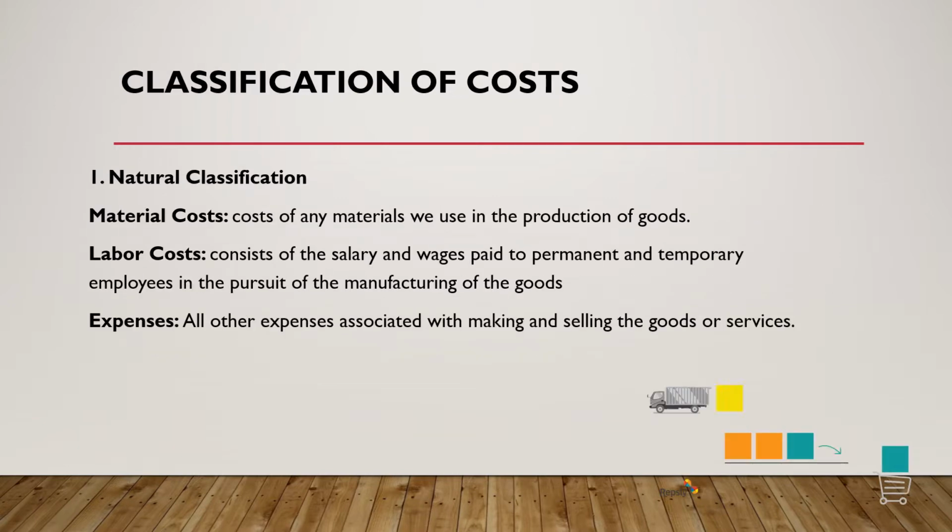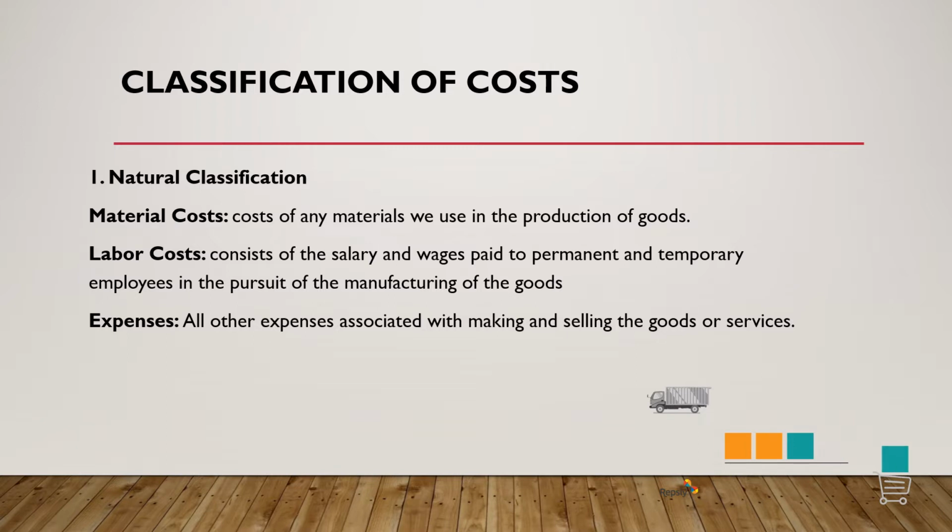Classification of cost. The first classification of cost is natural classification. This is the analytical classification of cost. So basically, there are three broad categories as per this classification, namely materials cost, labor cost, and expenses. Material costs are the cost of any material we use in the production of goods.